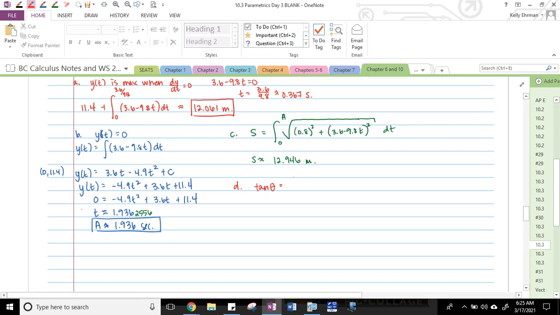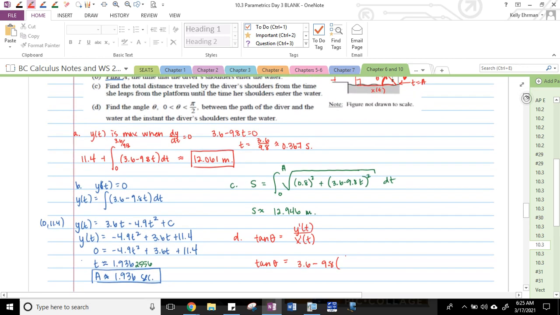So it should be y prime of t over x prime of t. And so tangent of theta should be equal to y prime of t, which was 3.6 minus 9.8 t.